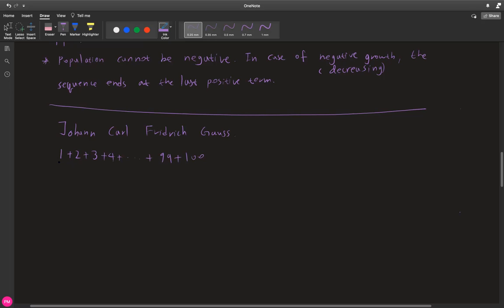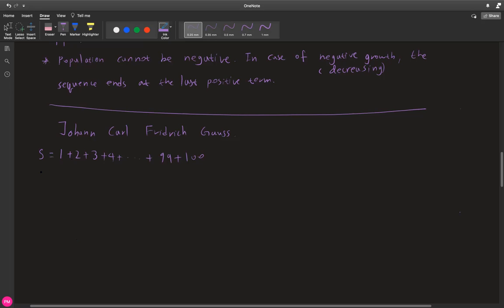So instead of adding 1 plus 2 plus 3 plus 4 all the way up to 100, which will be very time consuming, he just defined this whole sum as sum s. So it's just sum s.